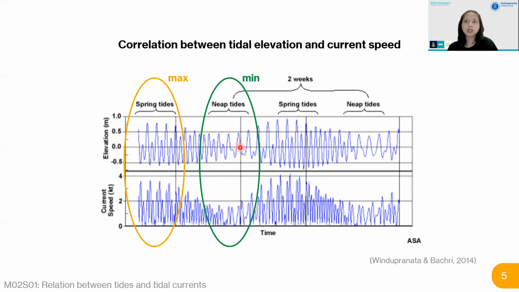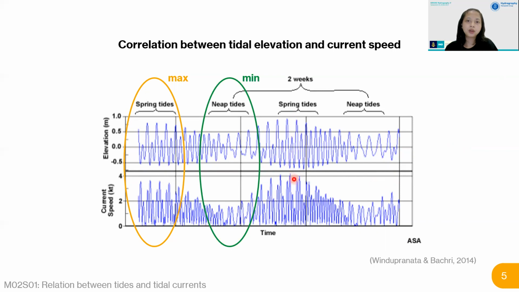It's not always the case, but basically at neap tides, you've always got a lower range of water level, okay? And the periodicity itself, at least in this case, between one neap tide to another, you've got a space of about 2 weeks. So you can imagine that this is actually a month-long observation. Okay, so at least at this area, in 1 month, you've got 2 spring tides and you've got 2 neap tides.